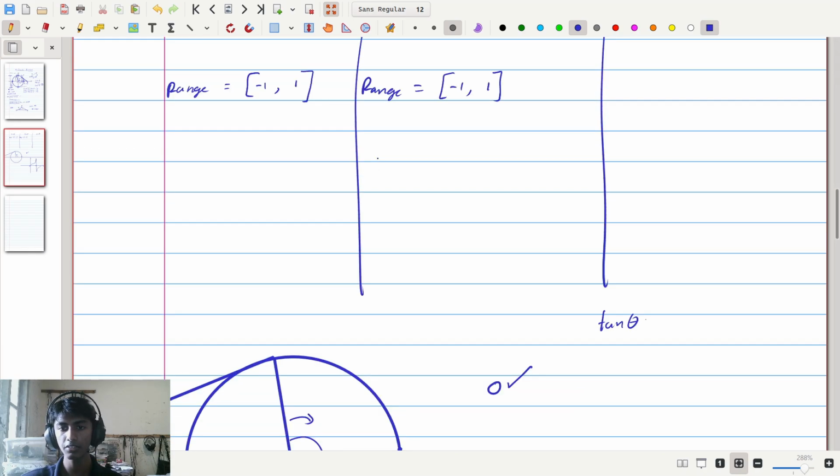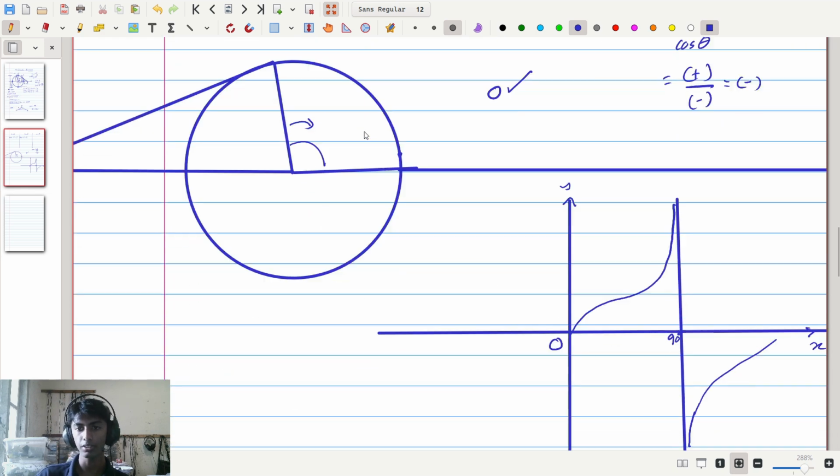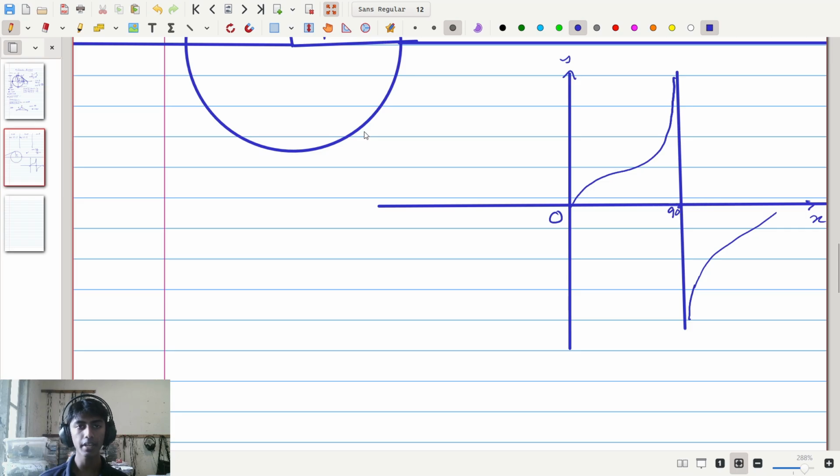Since tan theta is equal to sine theta divided by cos theta, if sine theta is positive but cos theta is negative, a positive number divided by a negative number will give us a negative number, which gives us that tan theta will be negative for small angles slightly greater than 90 degrees. Hence the approaching from negative infinity on this side.